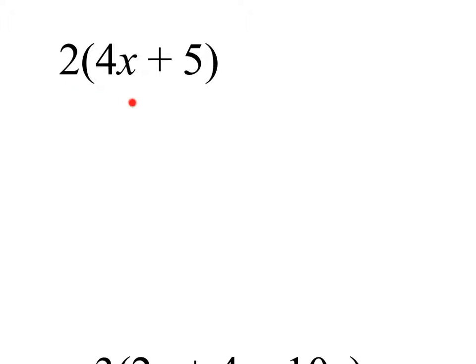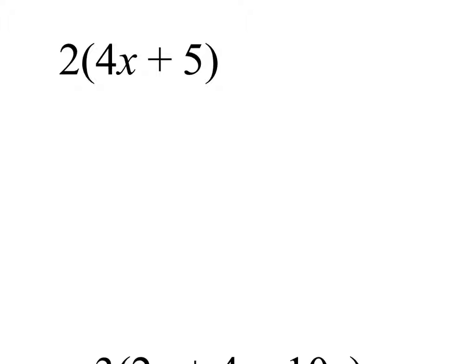So when we have something like this, you have a number, a term, it could have a variable, it could actually be another binomial, and we'll see that later. When you have something, let's just say a number for now, out front of something inside of parentheses, we have to figure out what we do to simplify this.